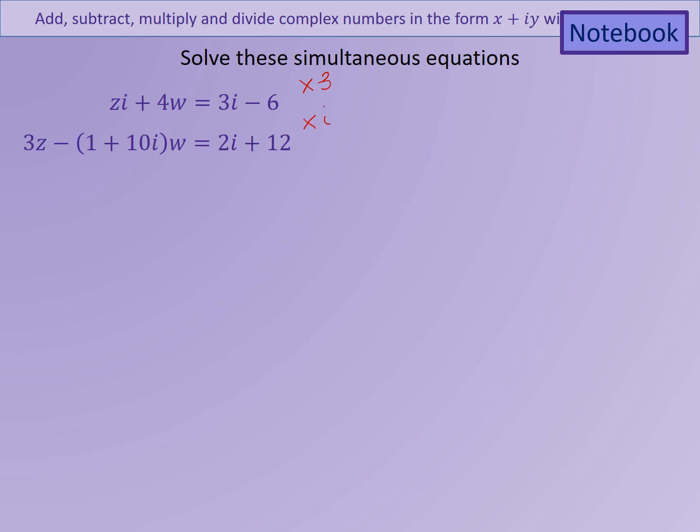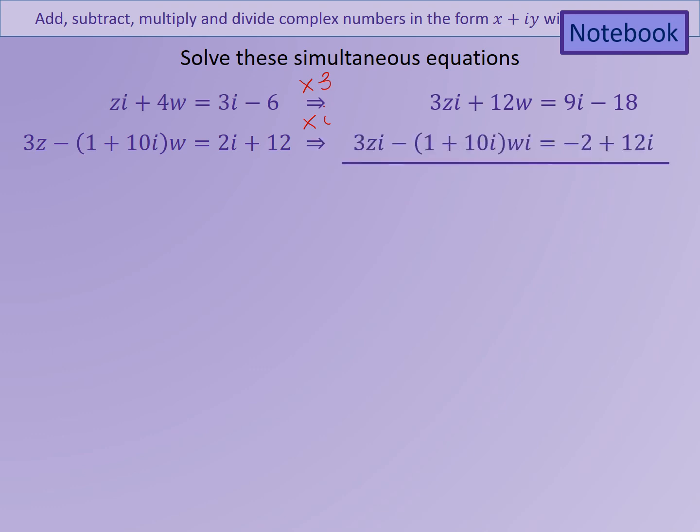Let's take a look at the answer there. Multiplying through by 3, so all of those terms, 3zi, 12w, 9i, minus 18. And in the second equation, multiply each of the terms by i. That gives us 3zi minus 1 plus 10i multiplied by wi, minus 2 there, that's come from 2i times by i, so that would give us i squared, which is minus 1, and then 12i at the end.